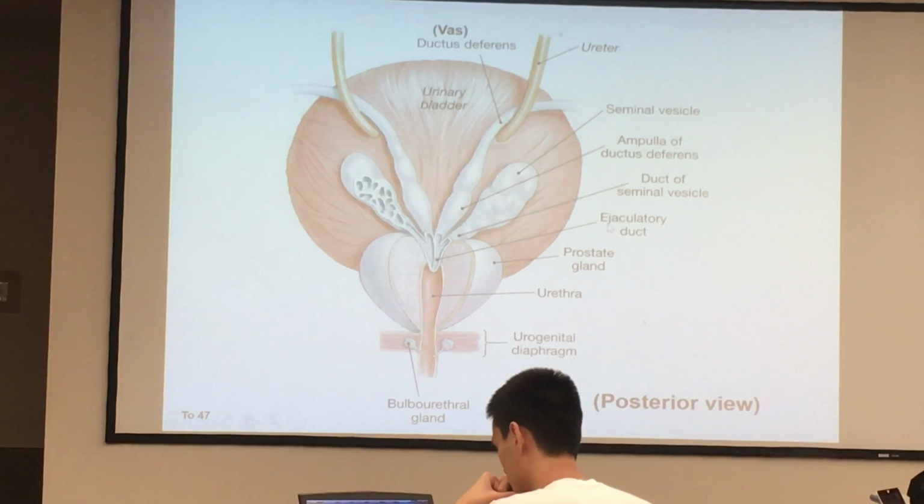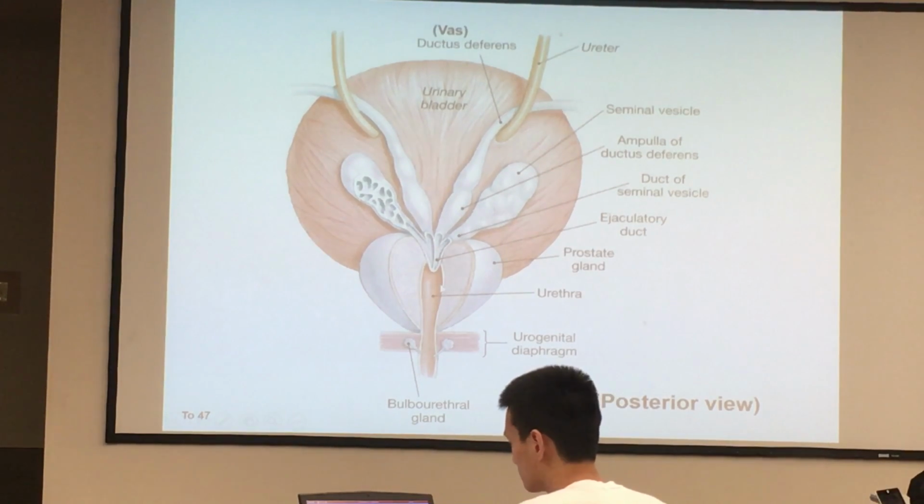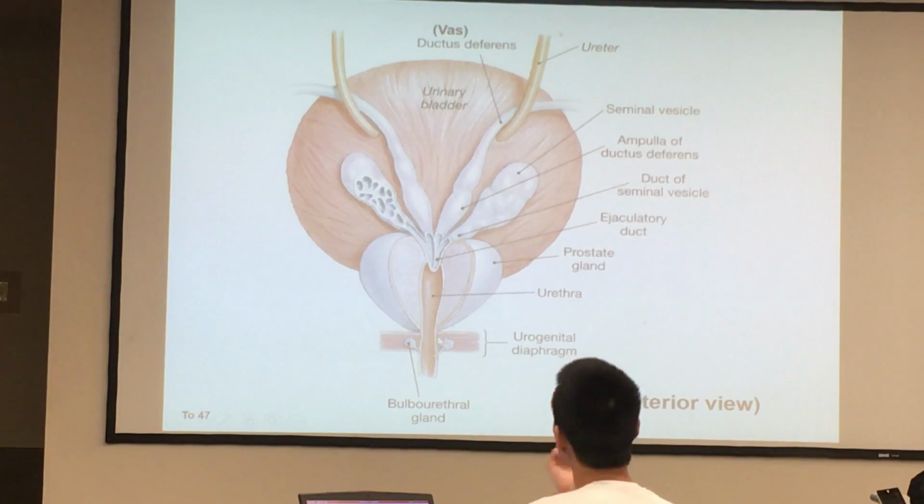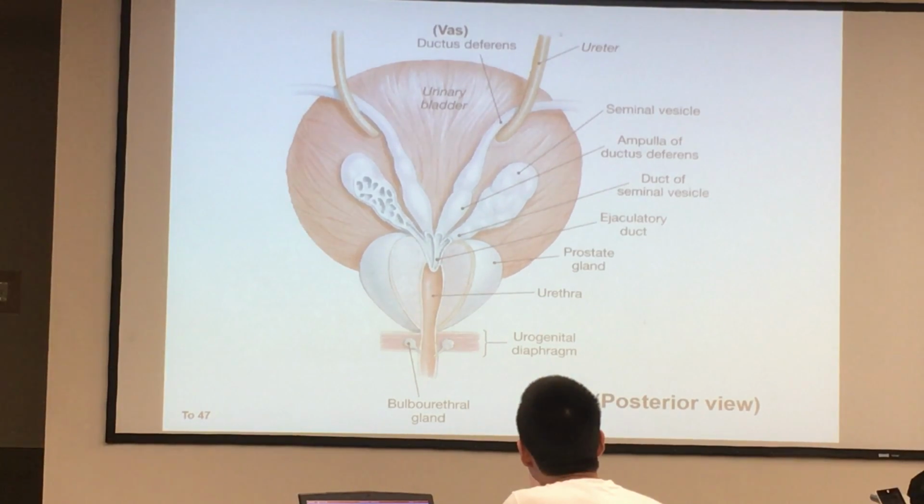Both sides we call ejaculatory duct, and it is sent to the middle of the prostate, and here it is mixed with the urethra, the urine pathway. And lower a little bit here, actually we have a muscle we call external urethral sphincter. It is a small one here, and the big part here we call the urogenital diaphragm. Okay. And then near there we have a pair of glands called bulbourethral gland or Cowper's gland.